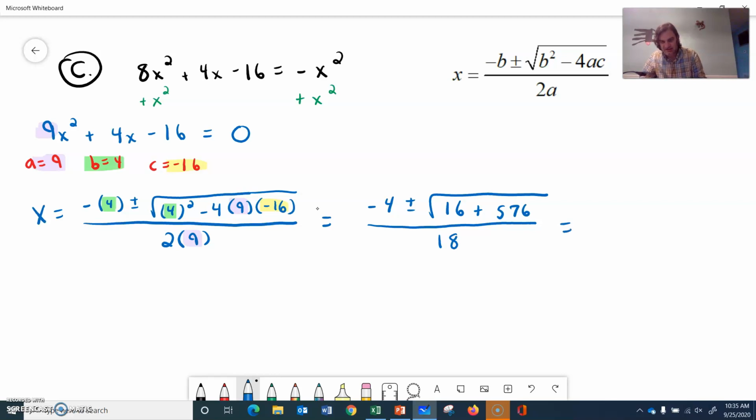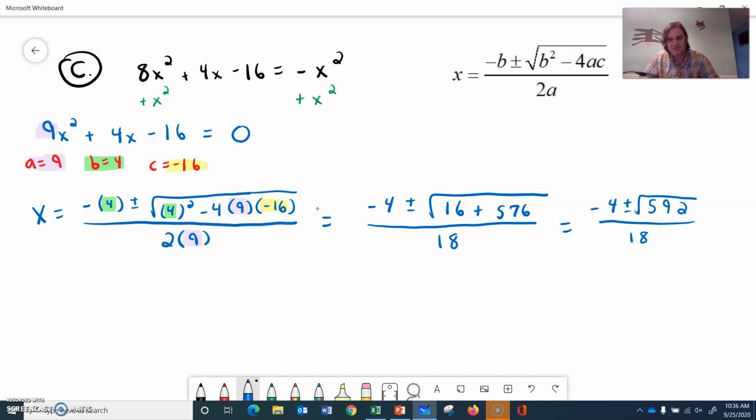So let's see here. This is negative 4 plus or minus the square root of 592 all over 18. I don't think 592 has a nice root. It does not, but it is even, so I might try and break it down.